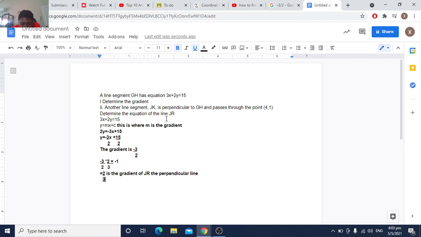So now we know that the equation is always y equal to mx plus c. Let me underline it. We don't know what c is. Man, this is actually a real pain. So y is equal to mx plus c.